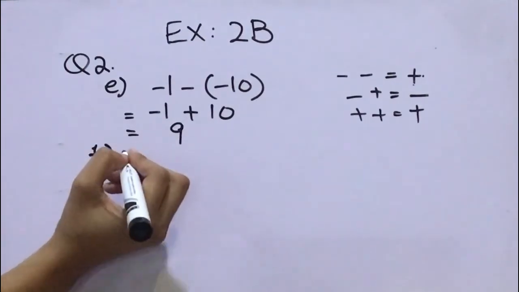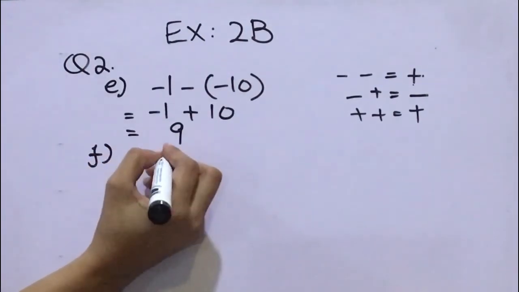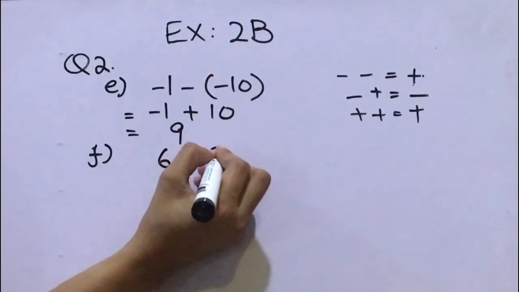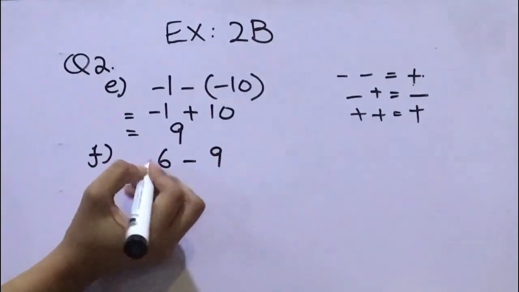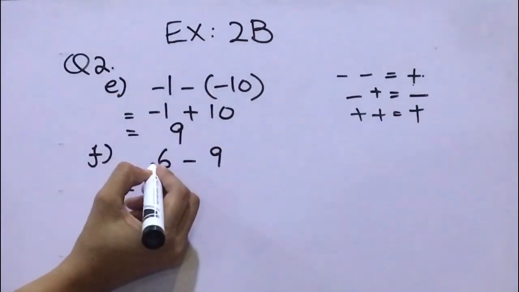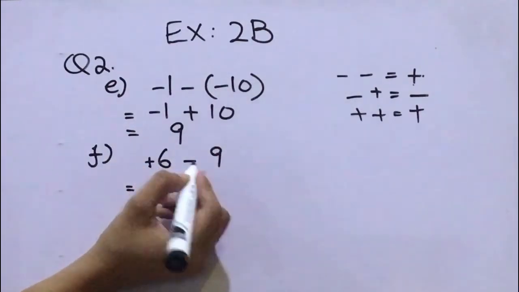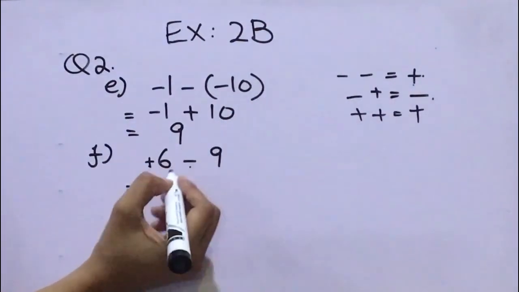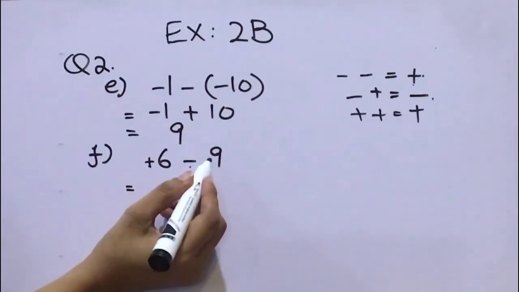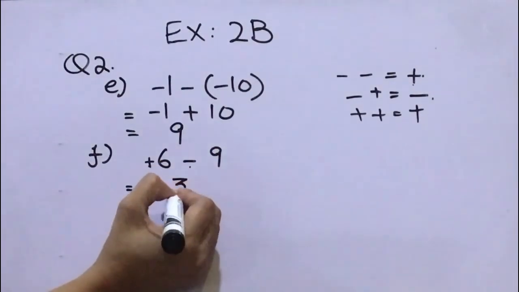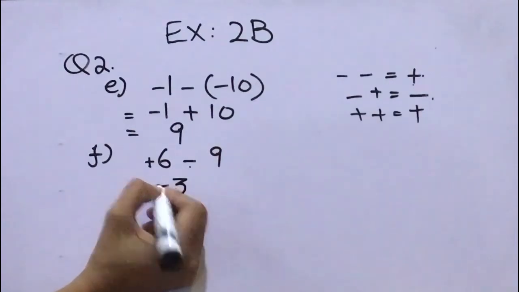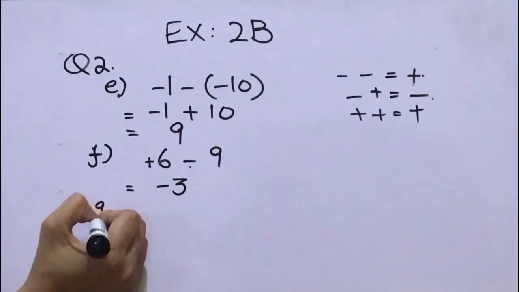F part. It's 6 minus minus 9. 6 by default is a positive number, meaning plus. So plus minus minus. So we'll operate minus. 9 minus 6, 3, and the sign will be minus. G part.